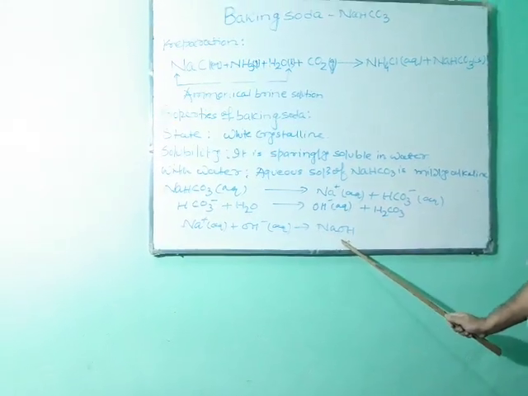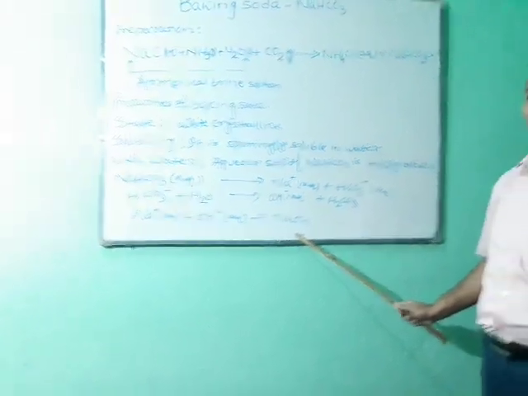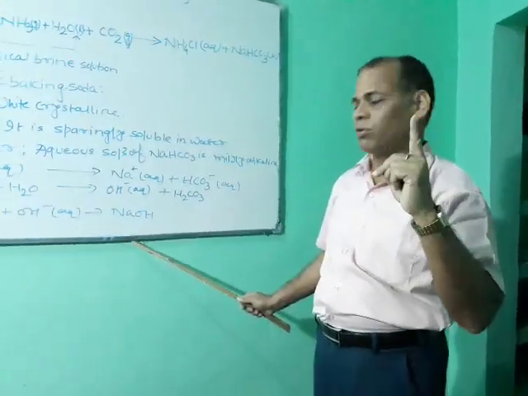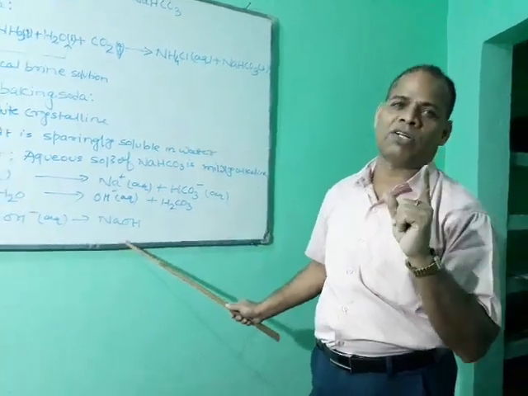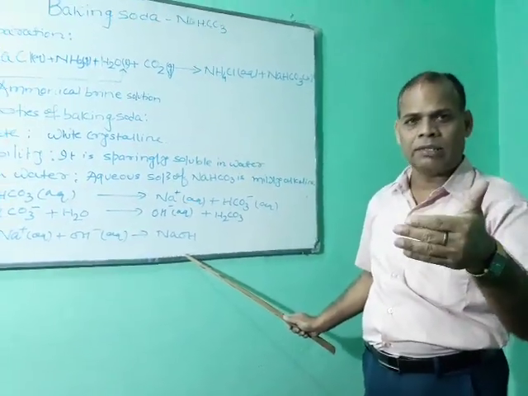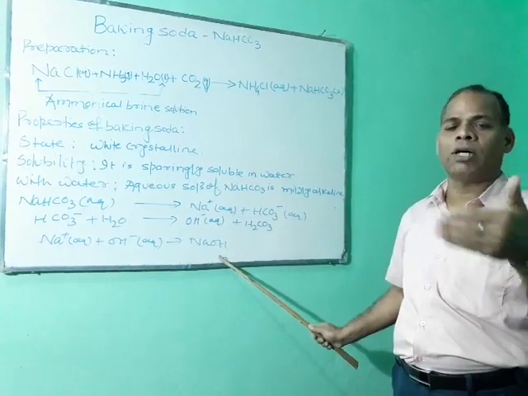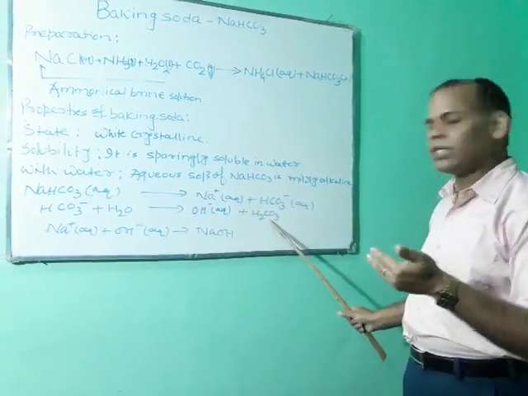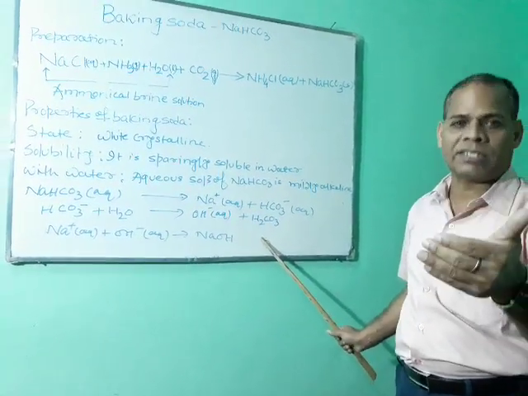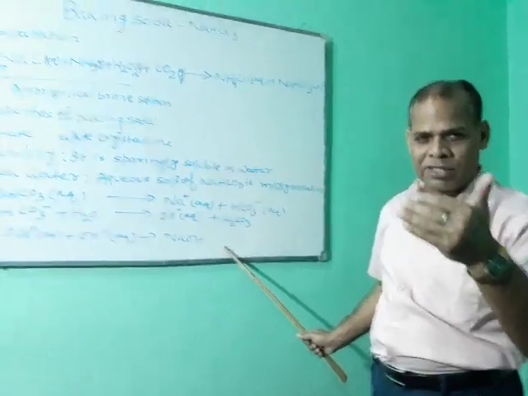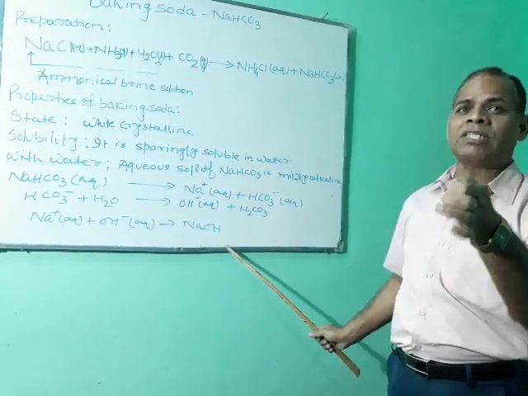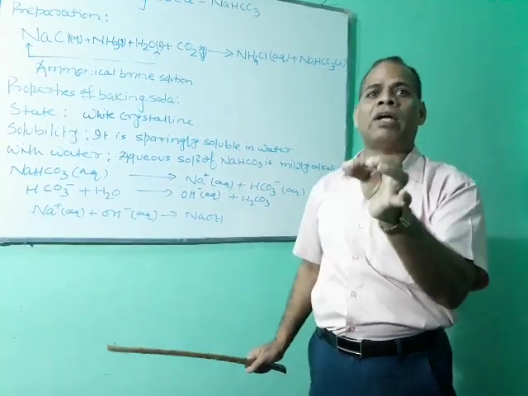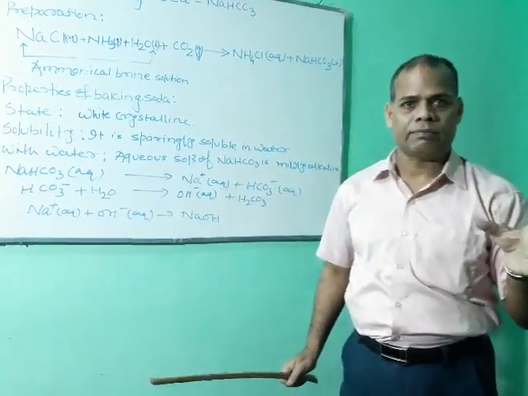In the resulting mixture we have two compounds, one is carbonic acid, another one is sodium hydroxide. My dear students, as we have already discussed, carbonic acid is a weak acid. What does it mean? It produces a lesser number of H plus ions.